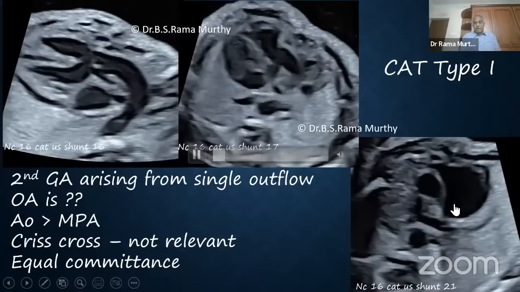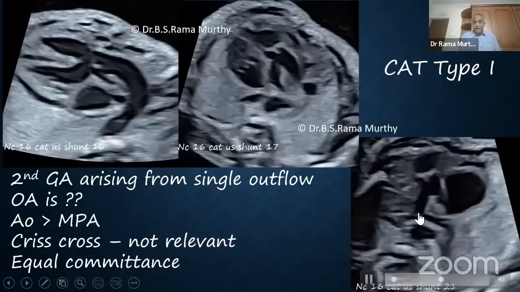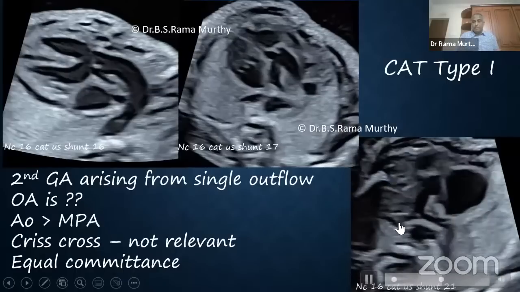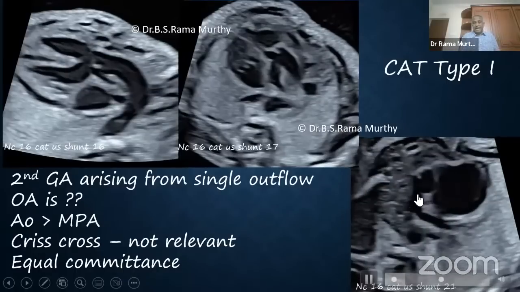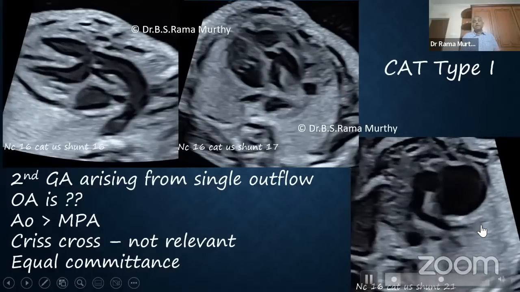And when I do a little real-time exercise, you find that this is the aorta, and this is the posterior course of the pulmonary artery, the main pulmonary artery. And what is happening to the main pulmonary artery? Or let me say artery X. Artery X is dividing into the right and left, each one going to the respective lungs.